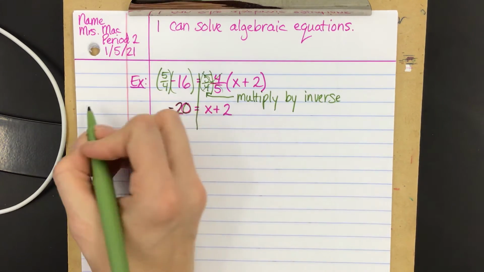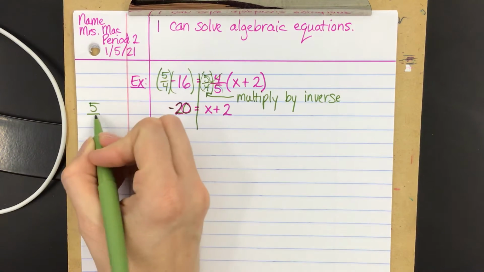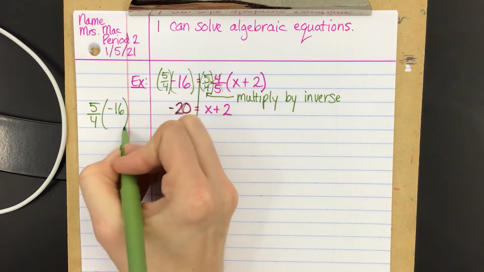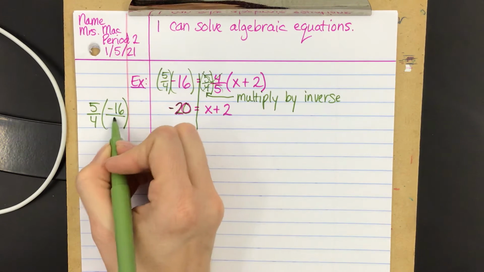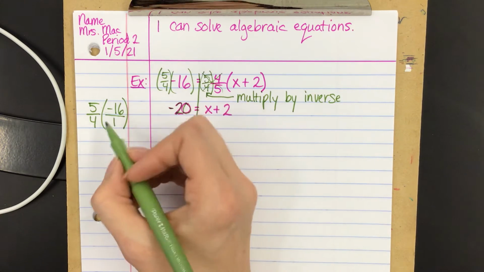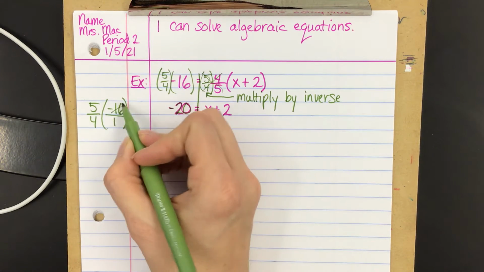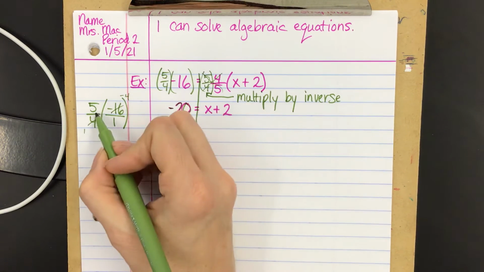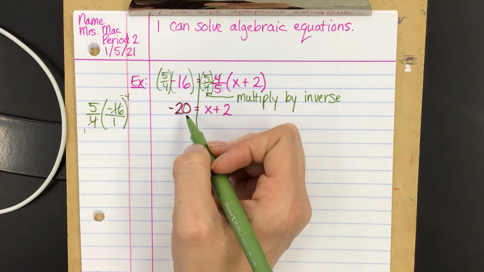Okay, I'm gonna do it in the margin here. Okay. So there's an imaginary one under there. And so I can do a couple things. I can cross cancel here. So this is negative 4 and 1. And then 5 times negative 4 is negative 20.